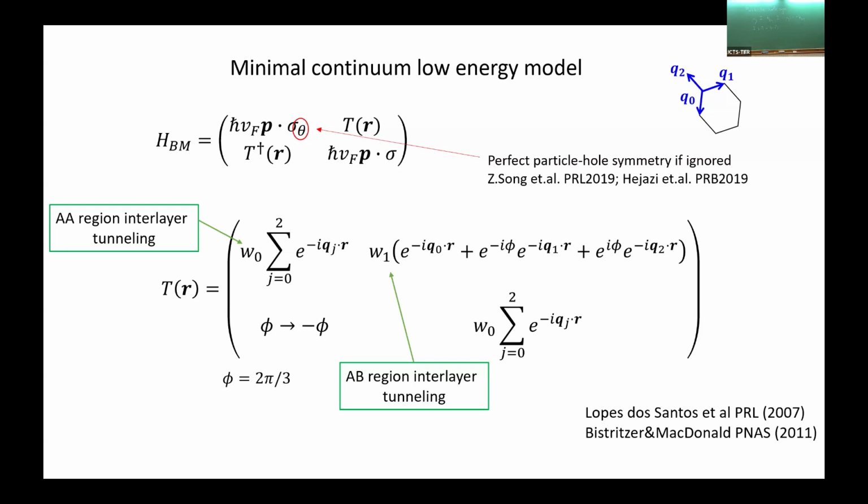So let's see how this would work, for example, for the Dirac piece. You take R to minus R, so that will reverse P, and then you're going to swap the layers. But if you ignore this little theta, then this piece is the same as this piece. So you would just change sign of that term.